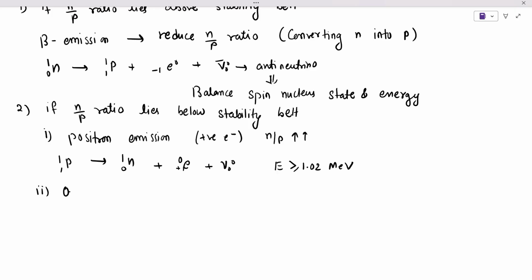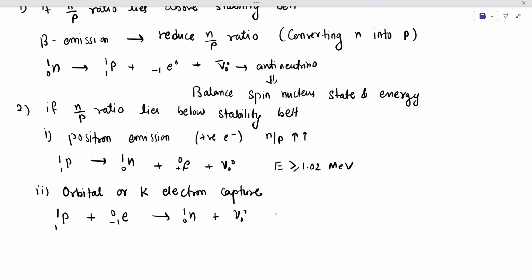The second possibility is orbital or K electron capture. For example, 1p1 plus one electron captured forms one neutron plus neutrino plus X-ray released. This reaction occurs when energy is less than 1.02 mega electron volt.